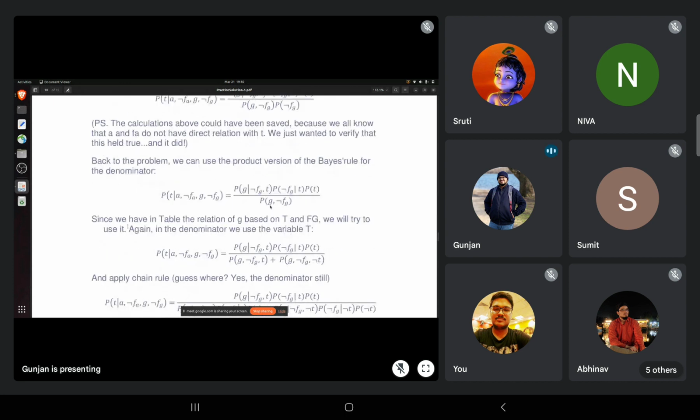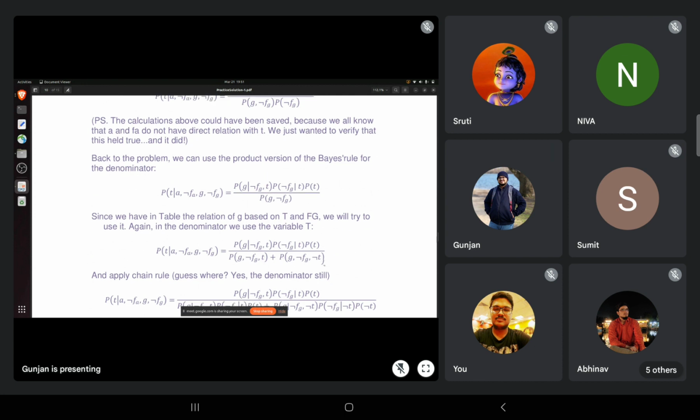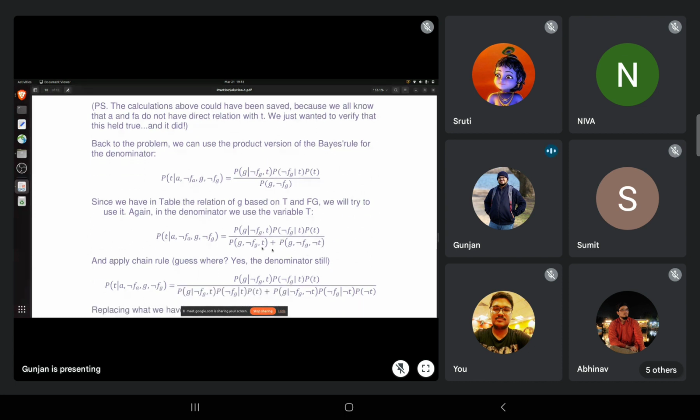Then, since we have in the table the relation of G based on T and FG both, we have to write it as P of G, comma not FG, comma T plus P of G, comma not FG, comma not T. We are essentially completing the joint distribution to get the final value. Okay.